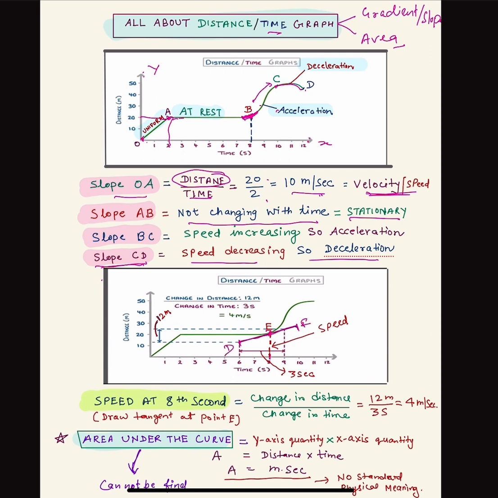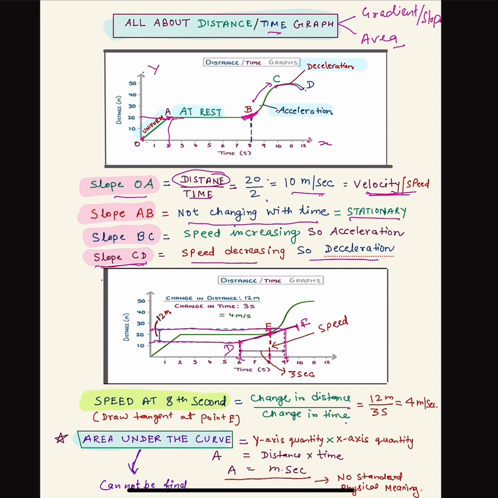This is a tangent. Now from this tangent draw a line to the y axis and to the x axis, that is, to the time axis and the distance axis. This will show the change in distance and change in time. So the speed at 8th second you can find by the formula change in distance upon change in time.